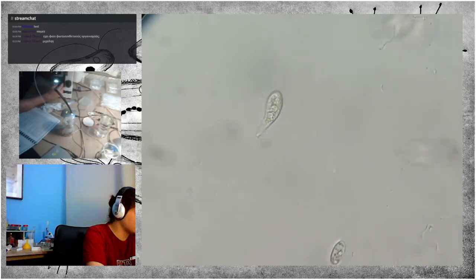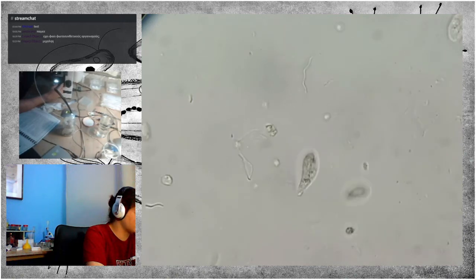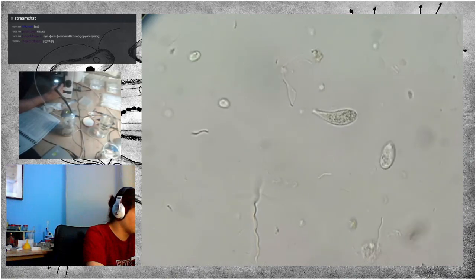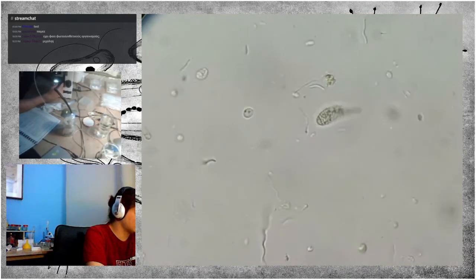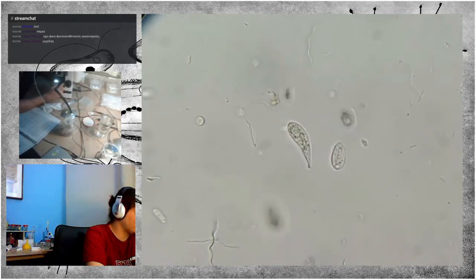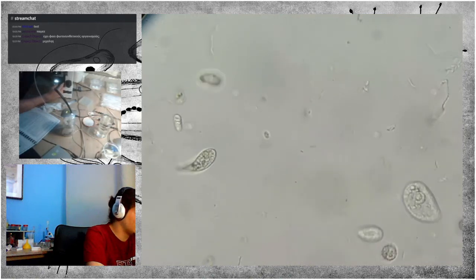Is it a ciliate or flagellate? No, this is a flagellate. The ciliate, sorry. This is not a flagellate. If it was a flagellate, I would have an idea of what it might be.